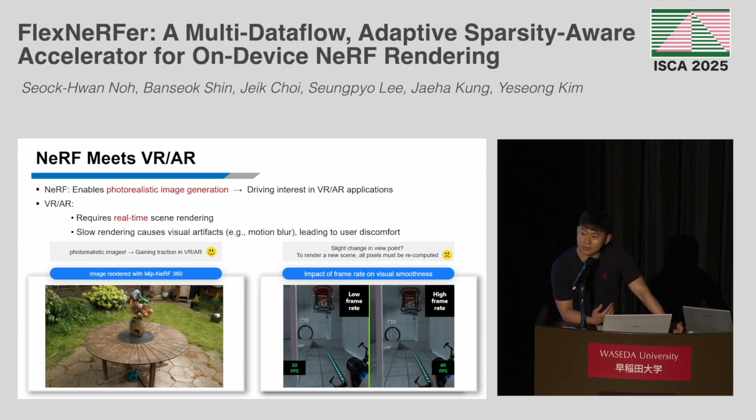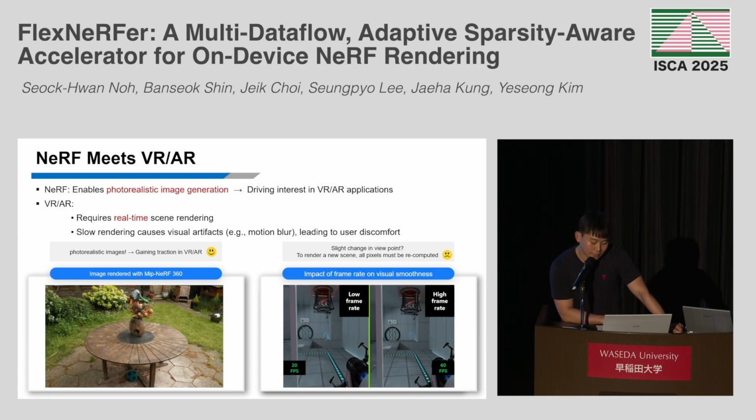But there's a question. Can NeRF actually be used in VR and AR applications? Before we answer that, let's think about what matters in VR and AR. Picture it. What if the screen response is slow? If the visual can't keep up with the user's head movement, the sense of immersion drops, right?